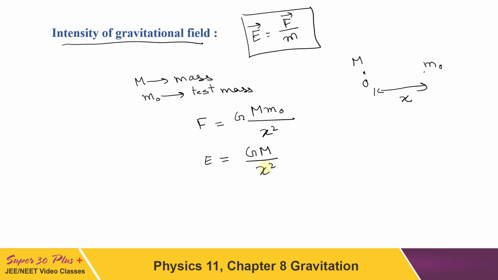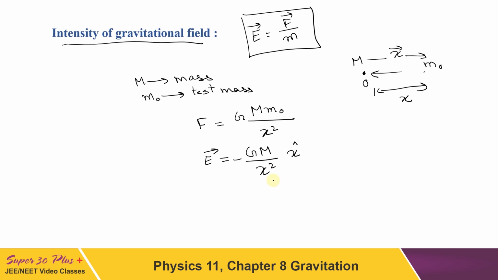As we know that gravitational force has to be towards the point O, so E can be written vectorially as minus G m upon x square times the unit vector along x, where x is the position vector of m0. So if we write in vector form x, then it will be towards m0. Here the intensity will be in the direction towards the mass which is producing the field.